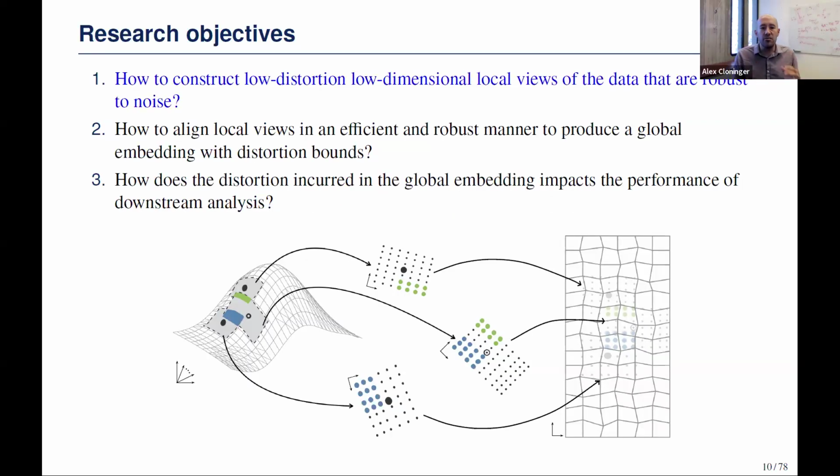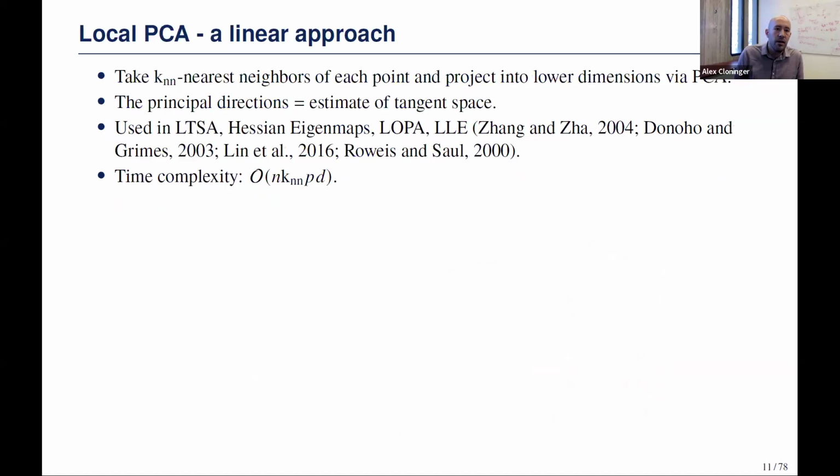First thing, how do we construct these local, low-dimensional, low distortion local views? All right. First pass guess of how you could do this is local PCA, right? You take k-nearest neighbors, you do some local covariance of these things, you do PCA to estimate the tangent space. This is actually what most local algorithms do, what most bottom-up algorithms do.